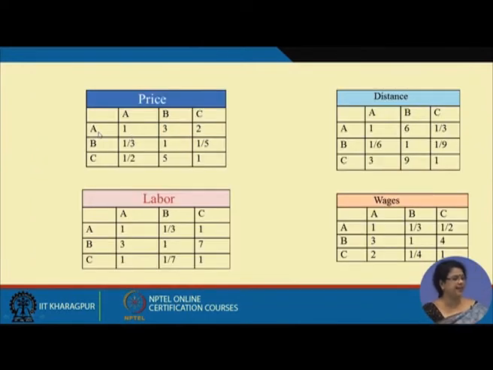It is given that A is preferred to C, not moderately, not equal, but better than that. That is why A is preferred to C. Look at C with respect to A: since A with respect to C is 2, then C with respect to A will be 1 by 2. That way you see A with respect to A is 1, B with respect to B is 1, C with respect to C is 1, and all others are given accordingly.